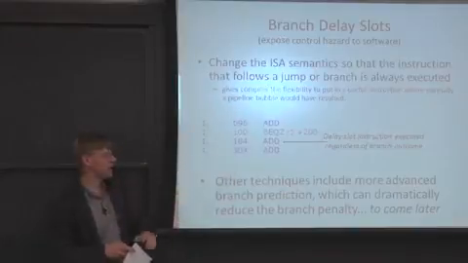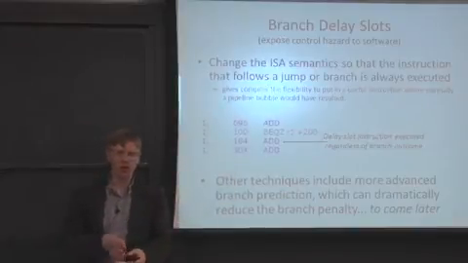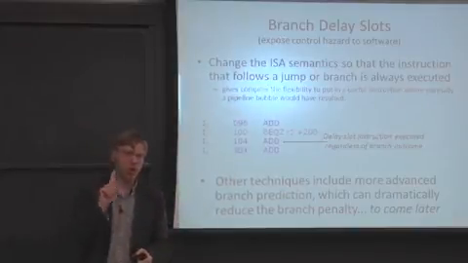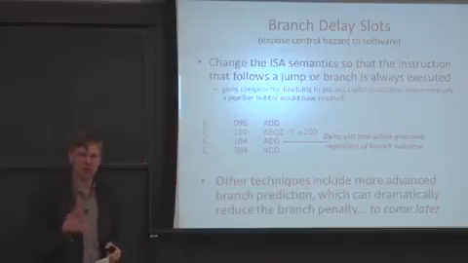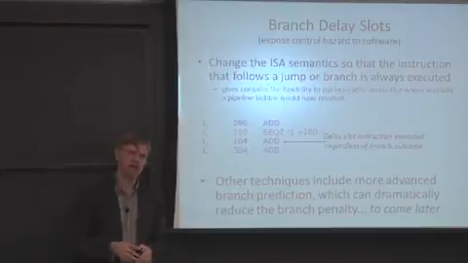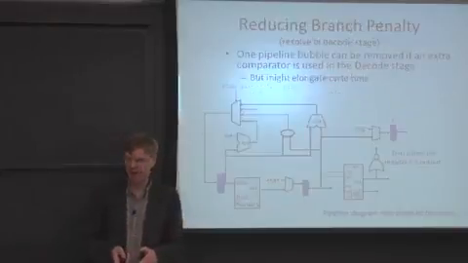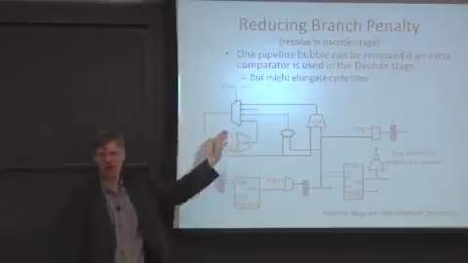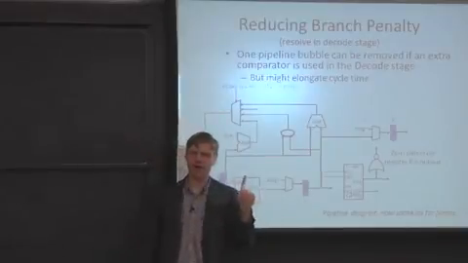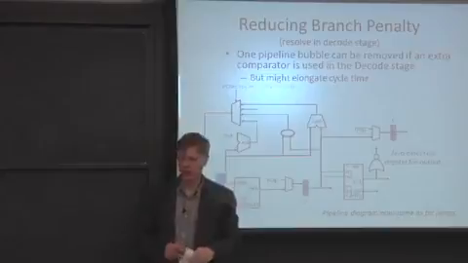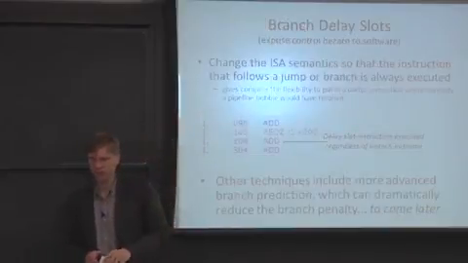So let's take a look at an example here where we have a branch and we have one delay slot. Some architectures have 2 or more, but right now we'll assume one delay slot. And let's also assume that we have this reduction of branch penalty optimization. So now branches only have one dead cycle when we're going to execute them.